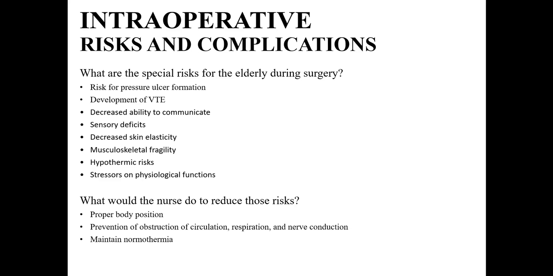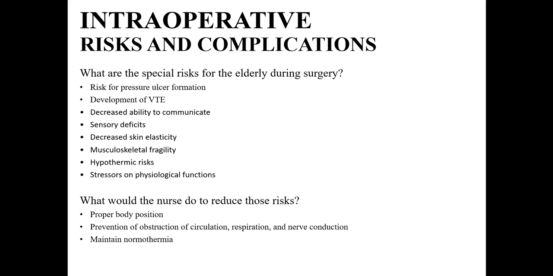You want to monitor for dehydration, risk for pressure ulcers, development of thrombosis, sensory defects, and what should we do to reduce those risks? Proper body alignment, prevention of obstruction of circulation, respiration, nerve conduction.